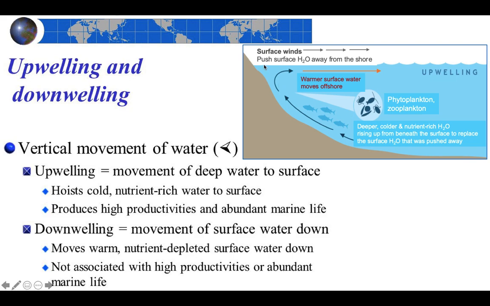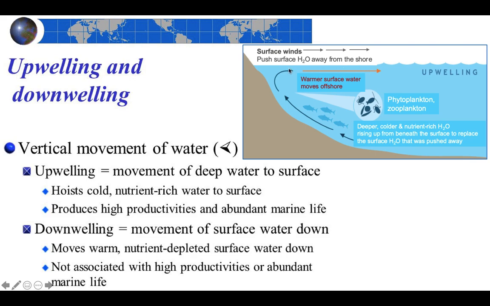We have surface winds blowing offshore, from the land towards the ocean. And we'll talk about this later on, when and how this kind of wind system persists. When these surface winds push the surface water away from the shoreline, the warmer surface water moves offshore.